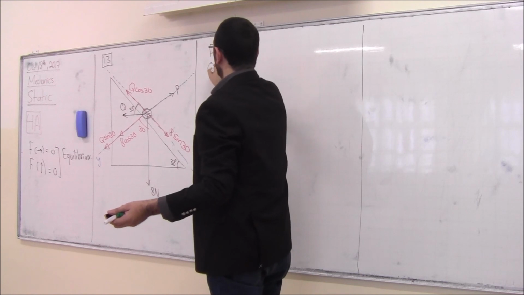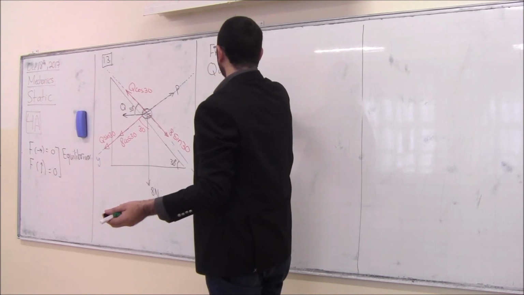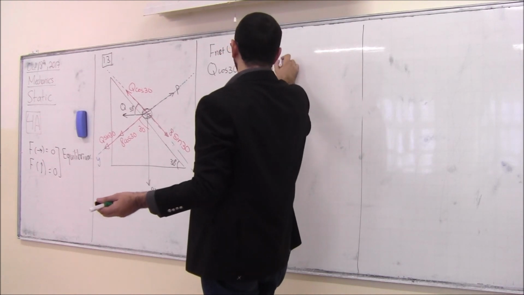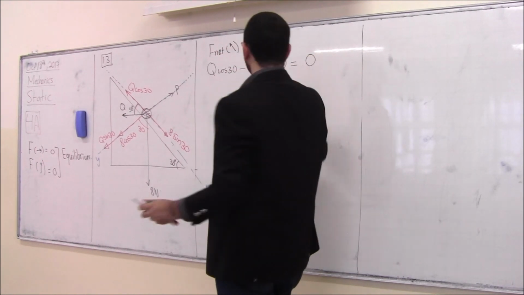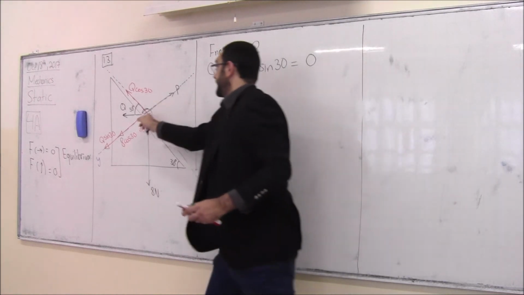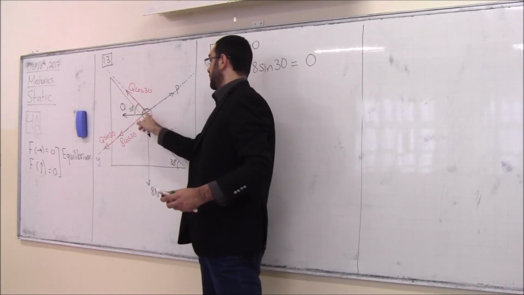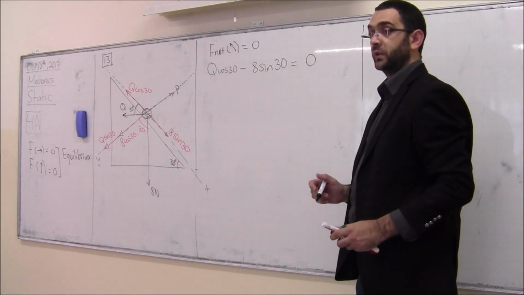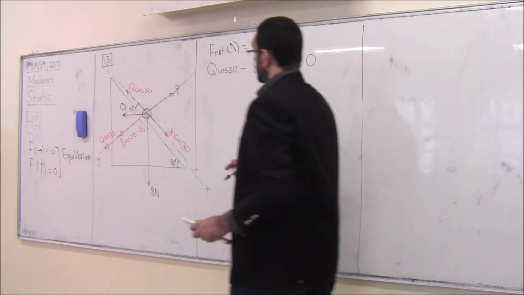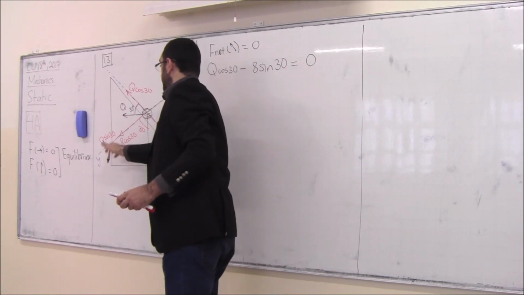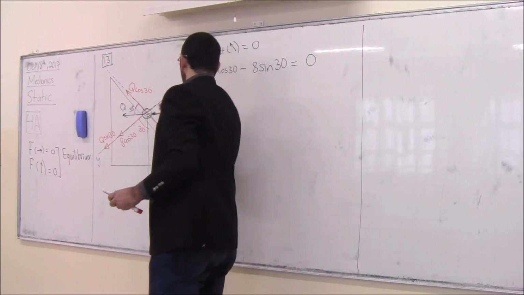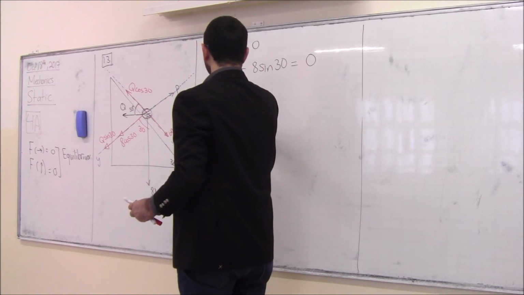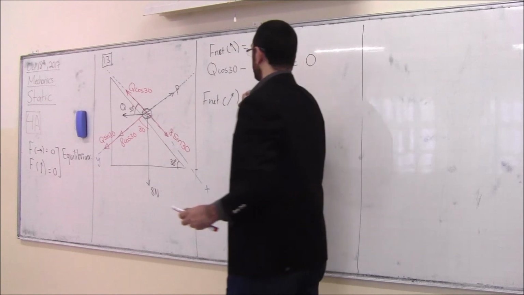It's in equilibrium along this axis. What do we have here? Q cosine 30 minus 8 sine 30 equals 0. The other direction, along the y-axis, F net in this direction is 0.